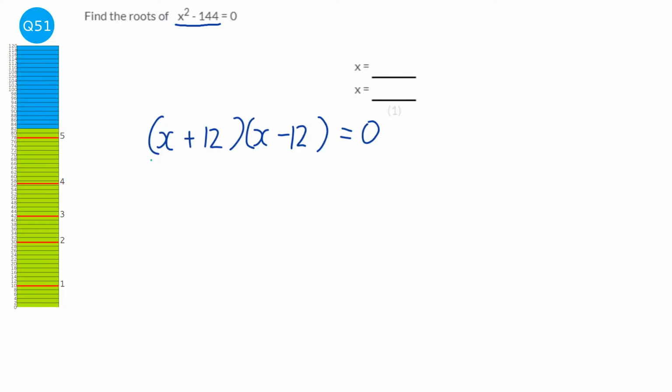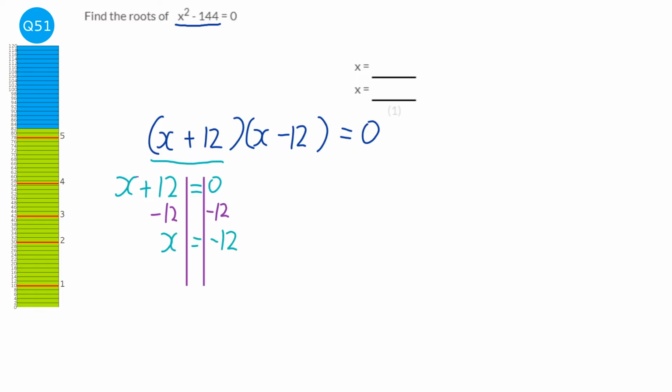Now to solve, one of these brackets is going to equal 0. So we're going to do the first bracket equal to 0. So we've got x plus 12 equals 0. And we're just going to put our lines down and take away 12 both sides, and we get x equals minus 12. So one of our solutions is minus 12, and we do exactly the same thing to the other bracket.